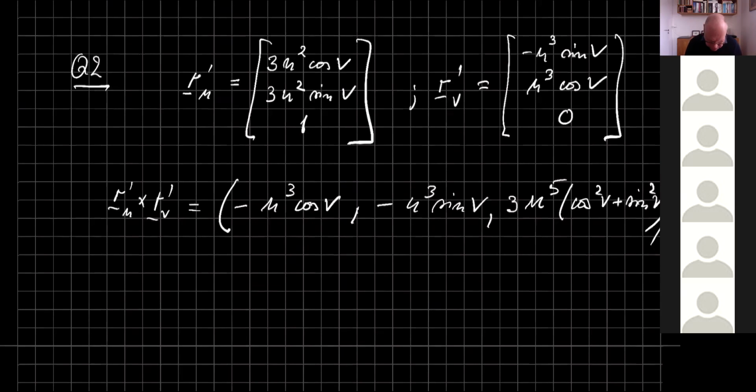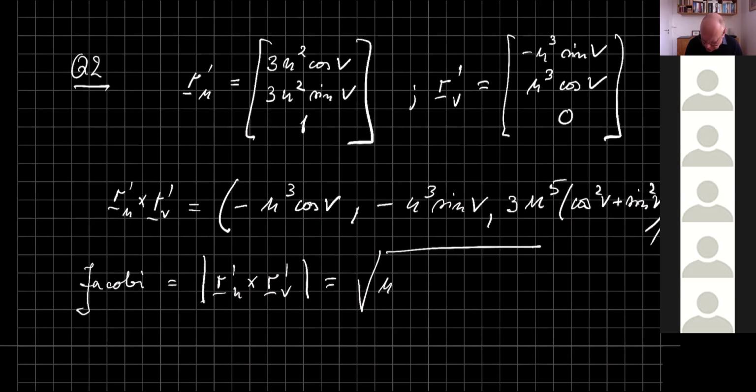And remember then that the Jacobi function is equal to the length of this, that is the length of R_u cross R_v. And then you simply square the first one, second one, that is u to the 6th power cosine squared v plus u to the 6th power times sine squared of v. And then finally you get 9 plus 9u to the 10th power, that is the square of this one.